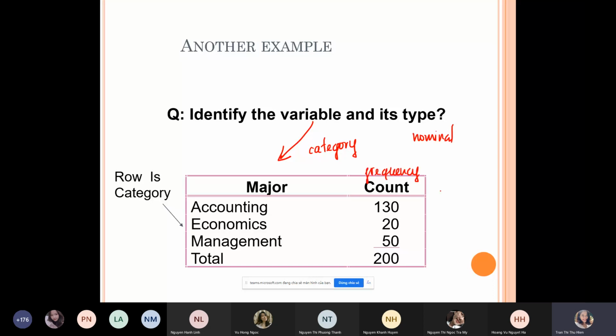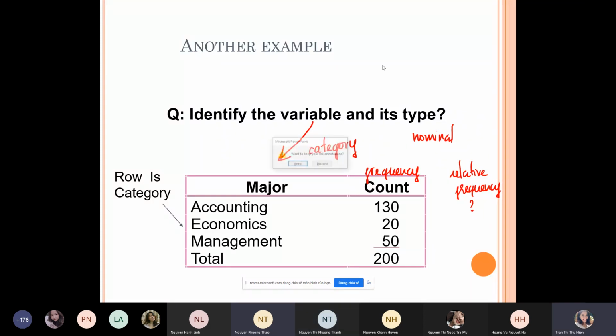What about the relative frequency for accounting? Can you help me? What is the relative frequency for accounting? Can you type the answer in the message box? 0.65.